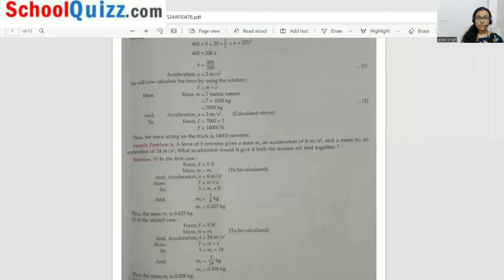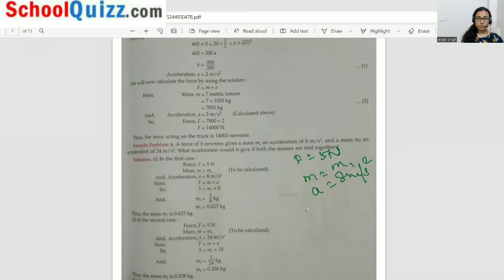A force of 5 Newton. Force is given already, 5 Newton. Every time, students, first you have to make the list of given quantities, whatsoever is given to you. 5 Newton, given a mass m1 and acceleration is 8 meter per second square.